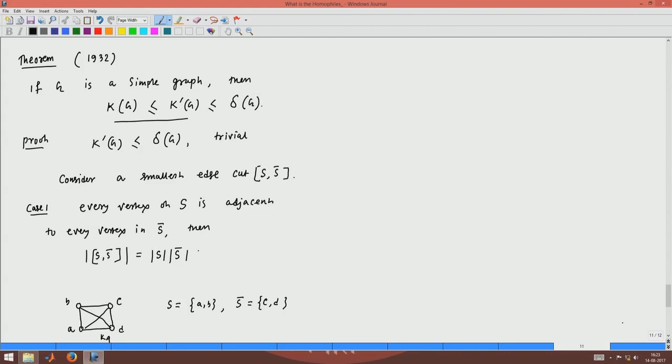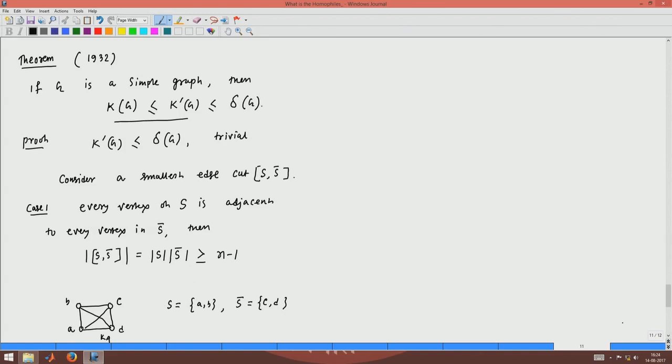Okay, and this number is always going to be greater than or equal to n minus 1, where n is the number of vertices, because the partition could be 1 and n minus 1: S has 1 vertex, S complement has n minus 1 vertices. S can have 2 vertices and S complement will have n minus 2 vertices, and then you can see that this product is twice n minus 2. So, the minimum possible is n minus 1 when the partition is 1 and n minus 1. Okay.